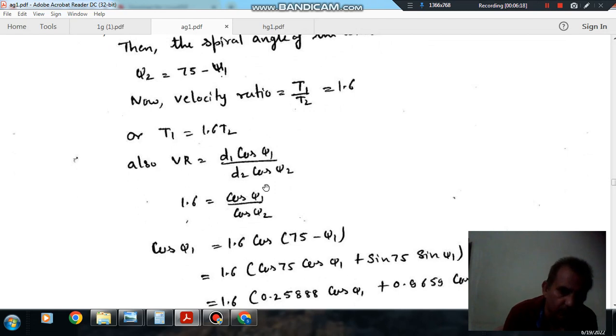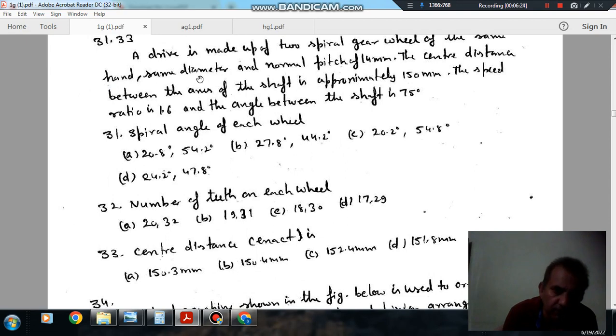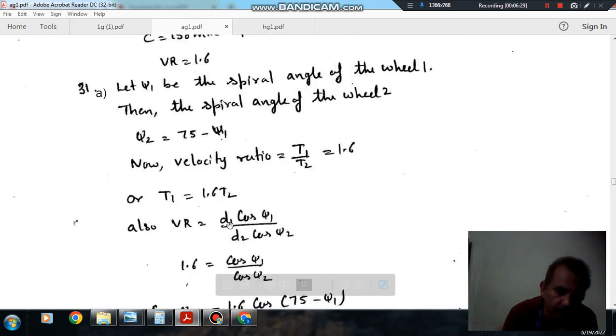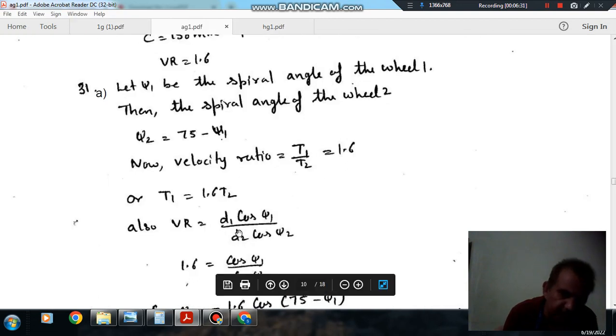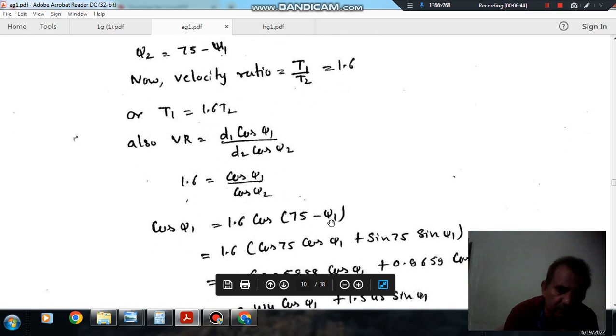As the diameter of both the gears is the same, d1 and d2 are the same, so we can omit d1 and d2. So cos psi 1 by cos psi 2 is equal to 1.6, or cos psi 1 is equal to 1.6 cos psi 2, because psi 2 is 75 minus psi 1.